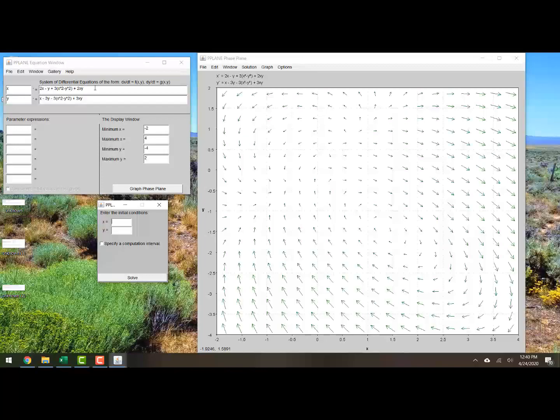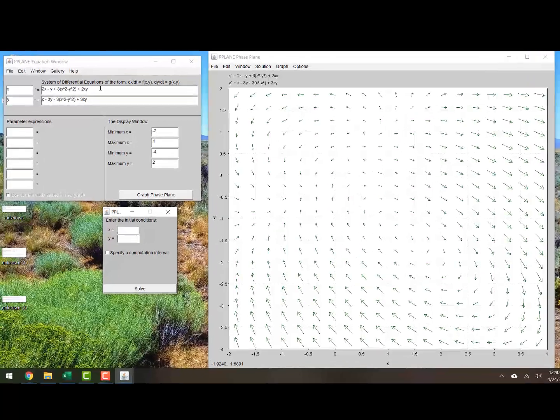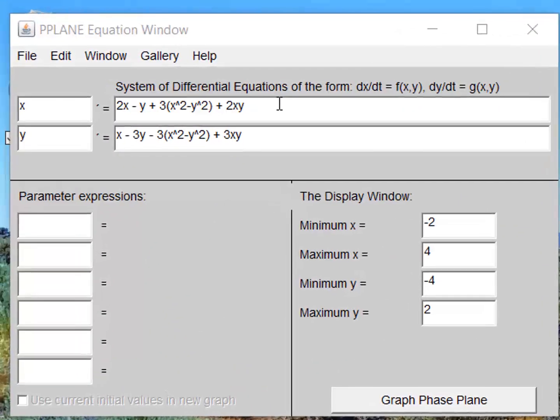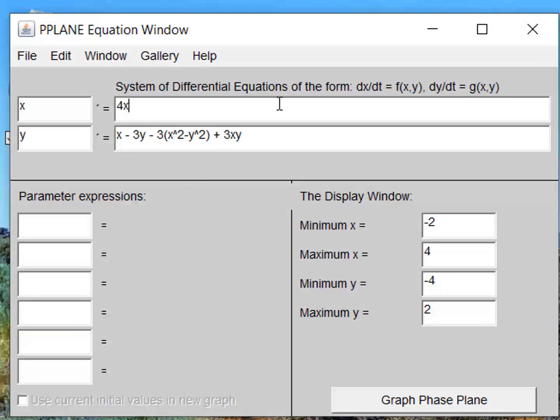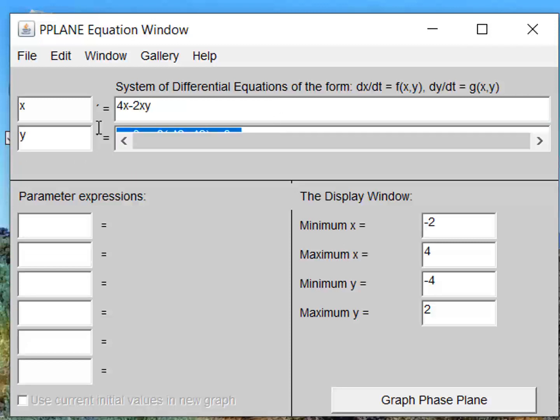Okay, our first example is this x prime equals 4x. Let's delete the example I have in there. 4x minus 2xy is x prime, and then change out y prime. Y prime was negative 12y plus 2xy. And you can change our window too.